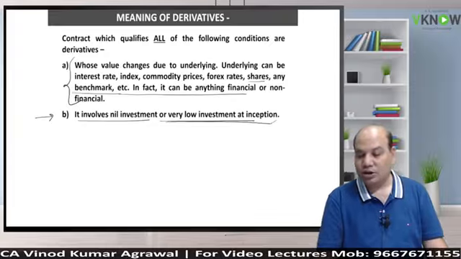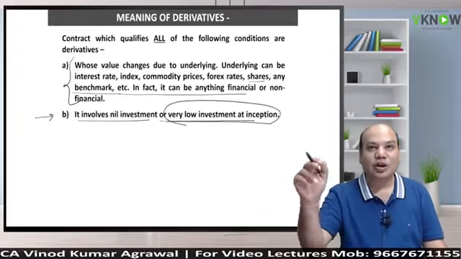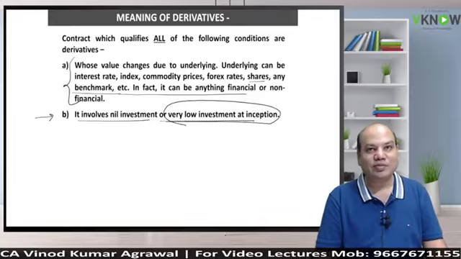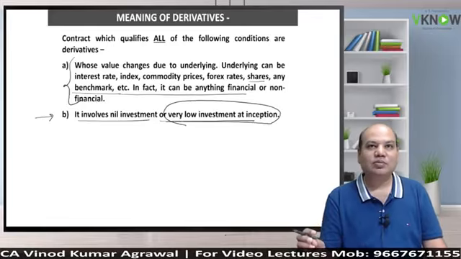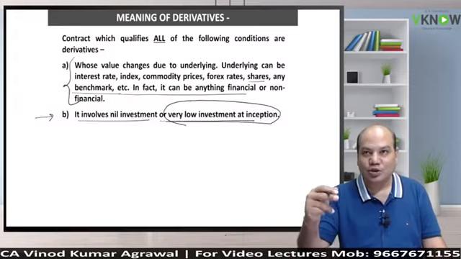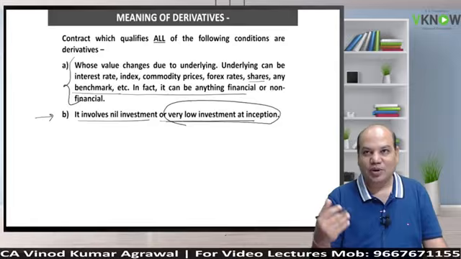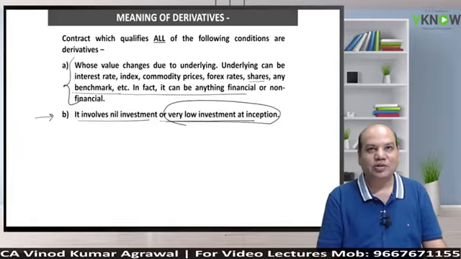Or you can enter into a future contract on the exchange for the same thing. You can enter into a Nifty future contract that Nifty will be going above 20,000 points. But then the exchange will not allow you to enter into such a contract unless you pay margin money, that is initial margin money, and then you have to pay mark to market margin.